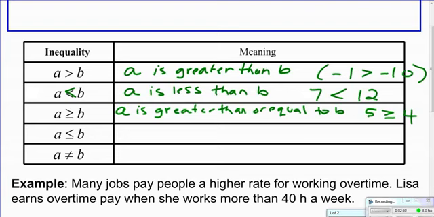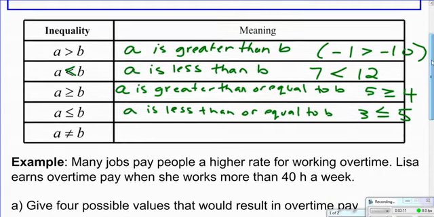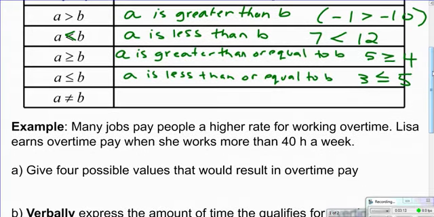So I'm going to just kind of rip through the next one. So then this one is A is less than or equal to B. Again, A must be less, but it could be equal, but it can't go greater.